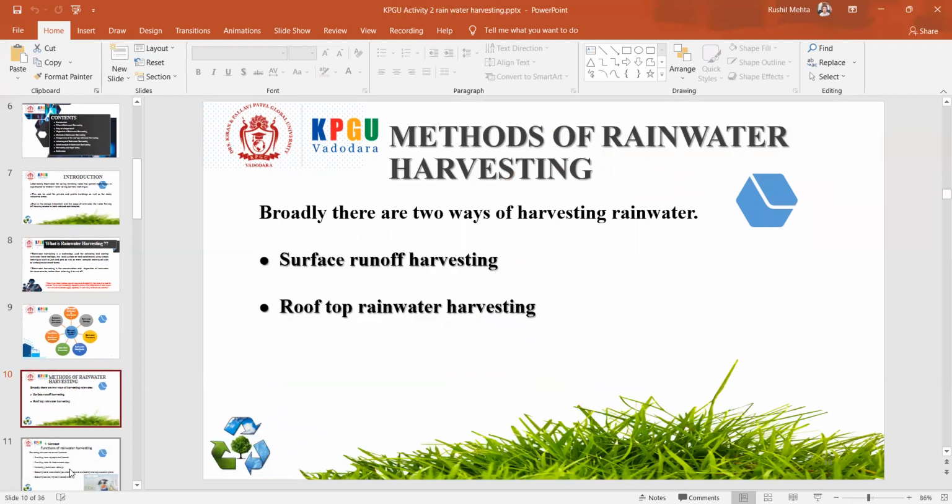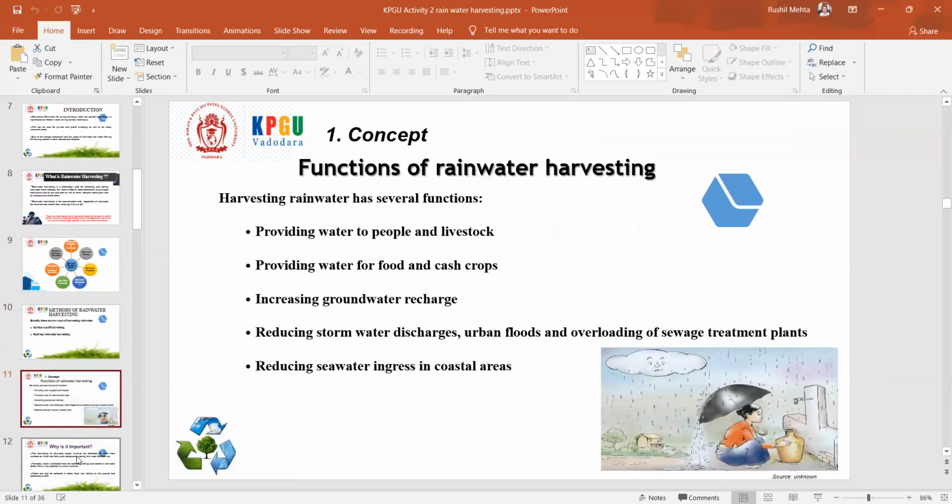There are two methods mainly: surface runoff harvesting and rooftop rainwater harvesting. Surface rainwater harvesting is for water which is coming on the land surface, right? That is the first category. Water which is coming on our terrace or roof, if we are saving it, is the second category.